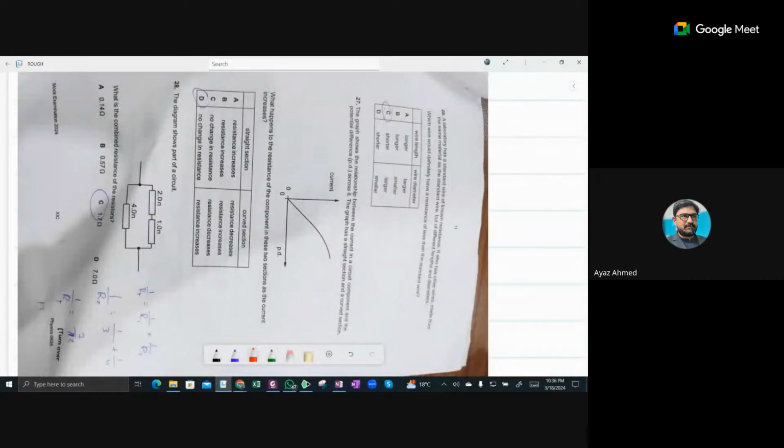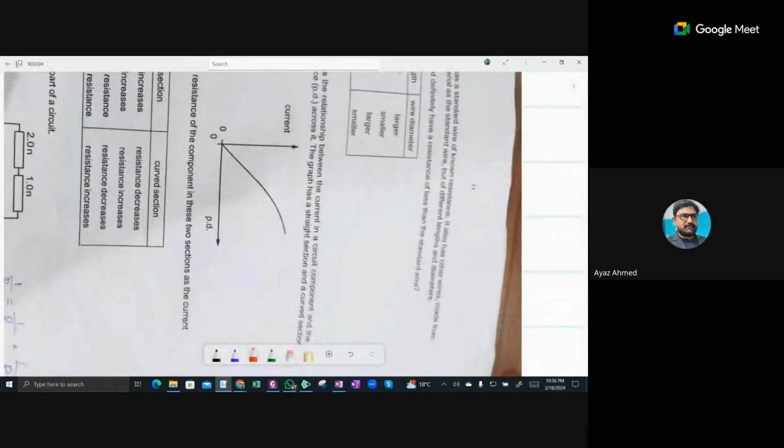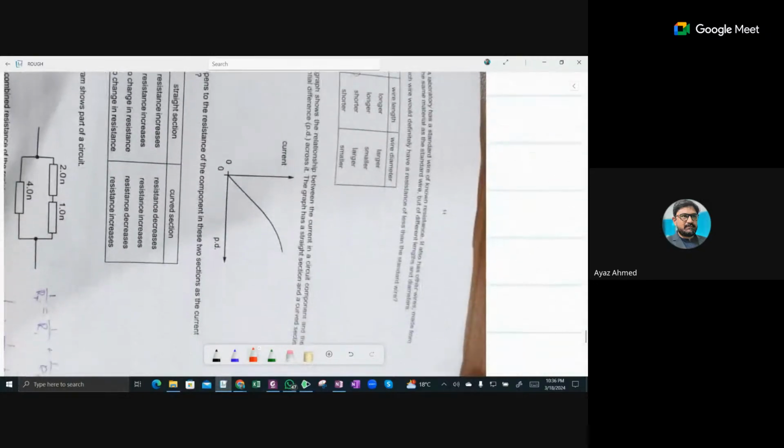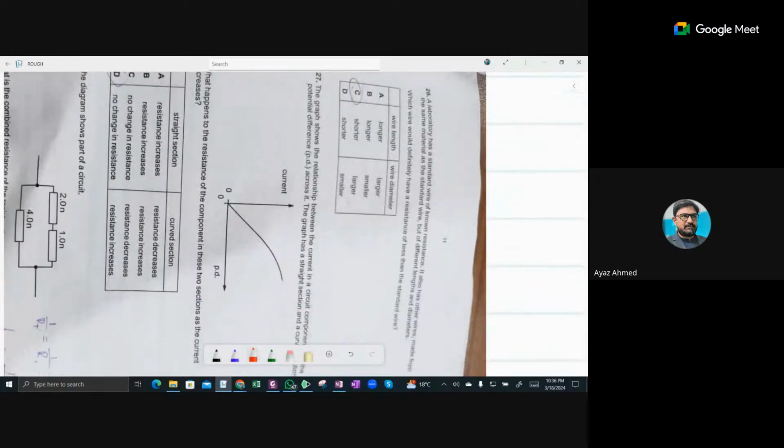The laboratory has a standard wire of known resistance. It also has other wires made of the same material as the standard wire, but of different length and diameter. Which would definitely have a resistance less than the standard wire? Resistance is directly proportional to length, and inversely proportional to the square of the diameter.